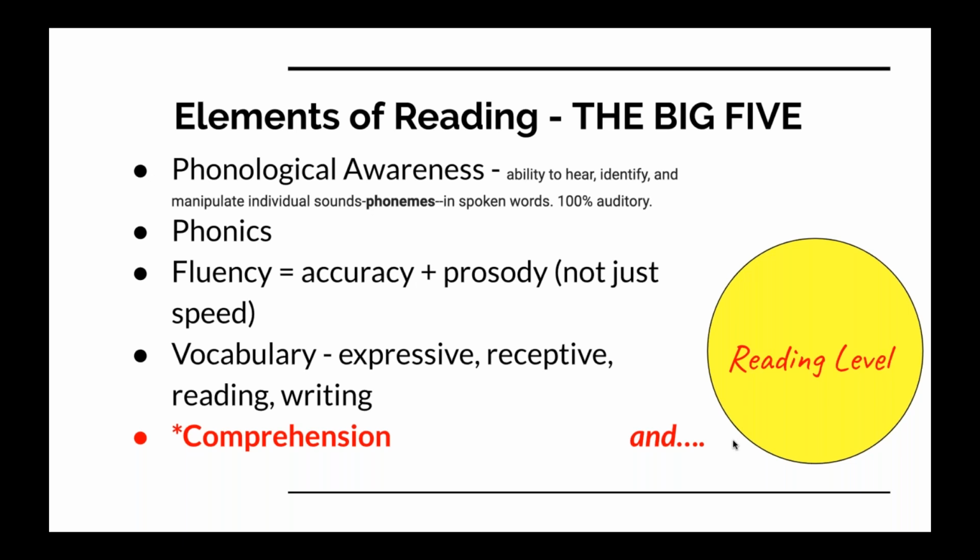And the big five is not a phrase that we use. This is a well-known phrase in the world of literacy. Five different things. The first is phonological awareness. This is 100% auditory. This is your ability to hear, identify, and manipulate the sounds, which are known as phonemes, in spoken words.